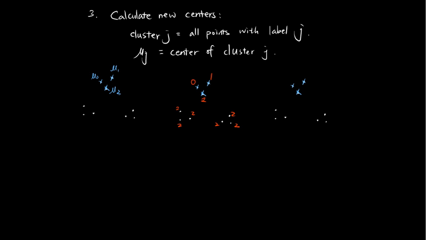After that, you will see that this part is one cluster, so you can calculate a new mu2. And for this other one, you will calculate the new center, but in this case, it is going to be the same.